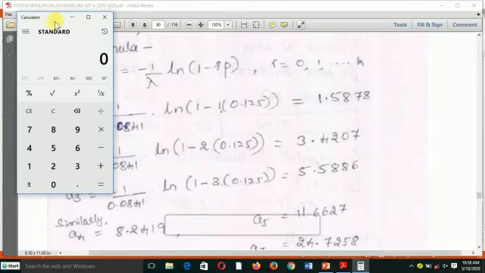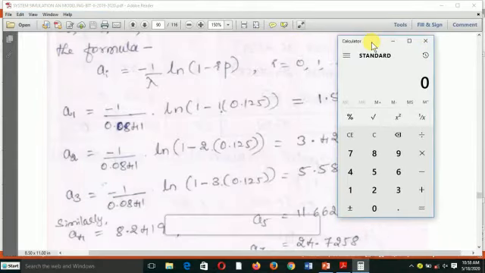If we use a calculator like this, we are going to calculate this first one. So we have 1 multiplied by 0.125, which is equal to 0.125.